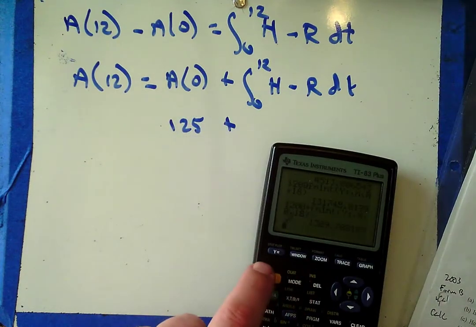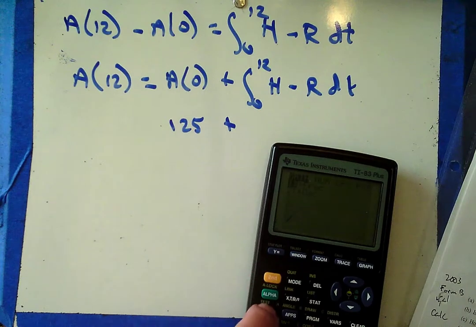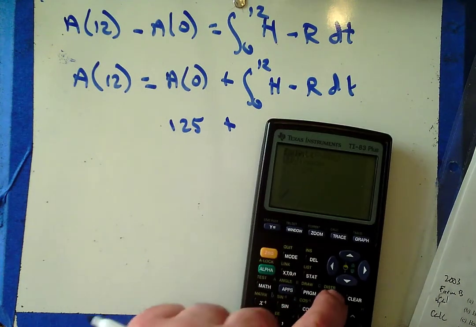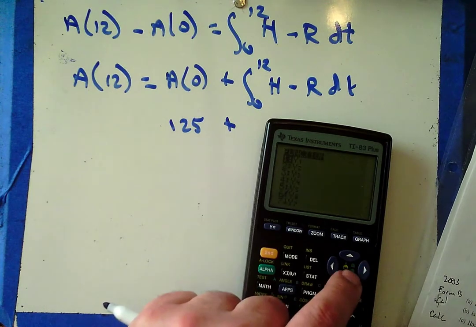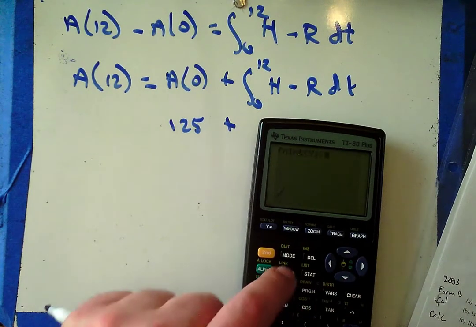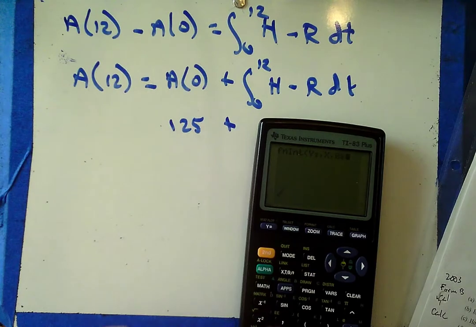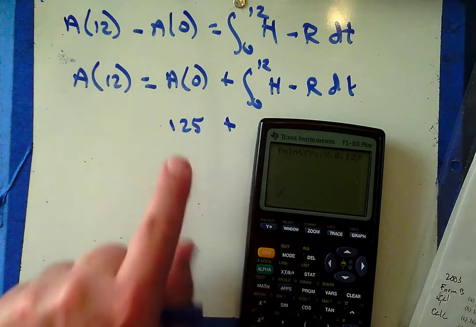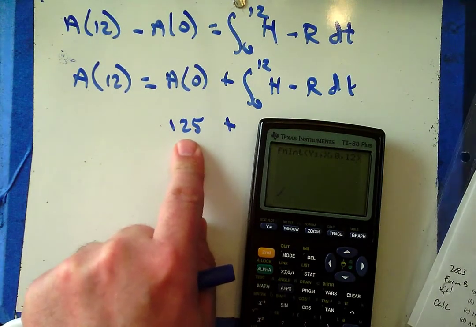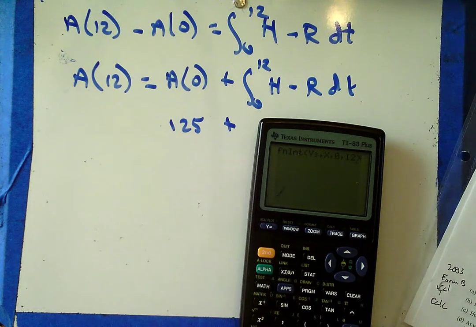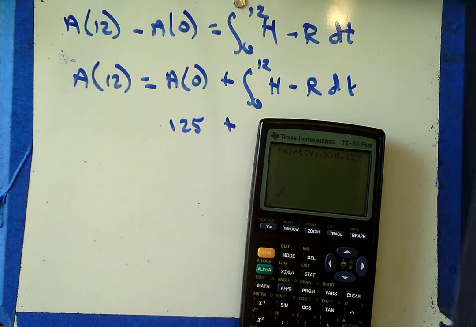And so I go over here and I say, hey, let's integrate y3, comma x, comma 0, comma 12, and then don't forget to add the 125 to that. Oh, lots of thinking time.